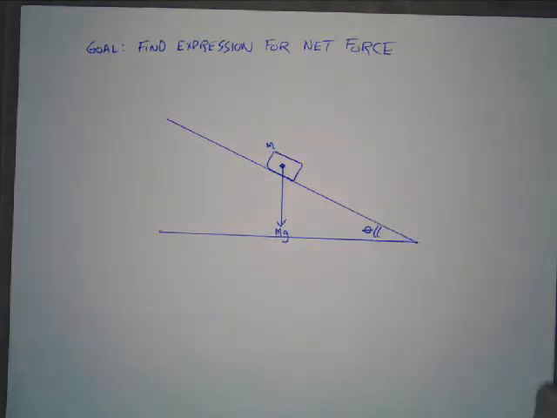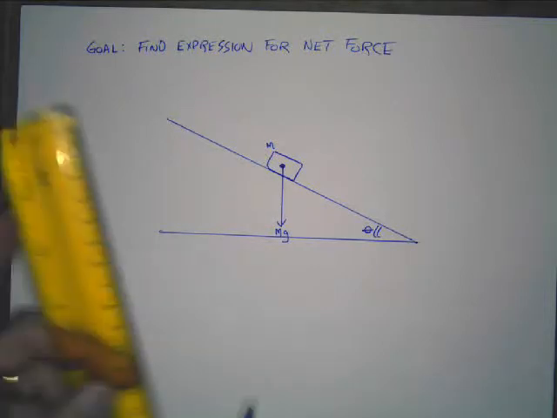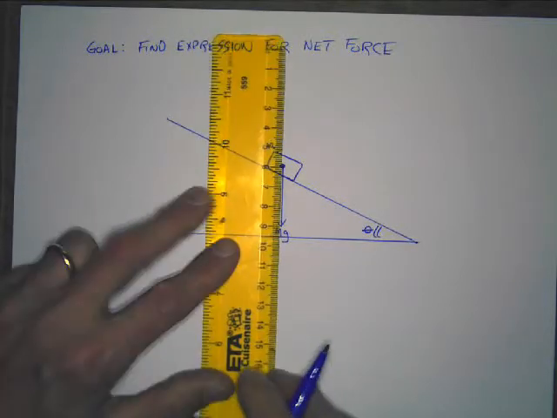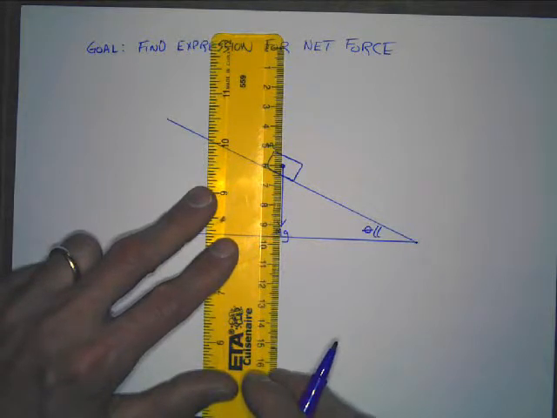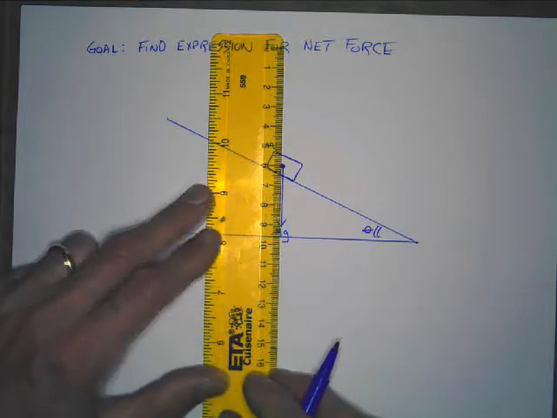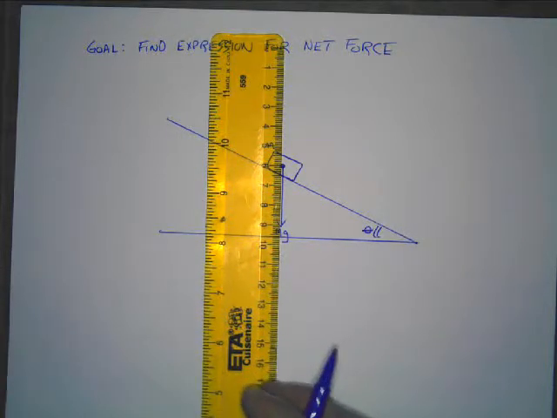And we also have a normal force. Now the normal force, sometimes people think is going to be just straight up, but it's not, because a normal force is always at a right angle to a surface.